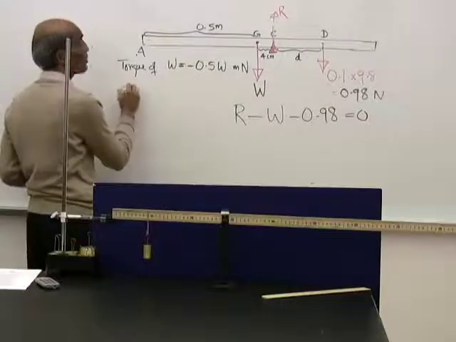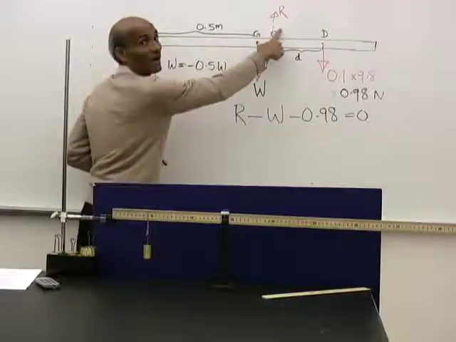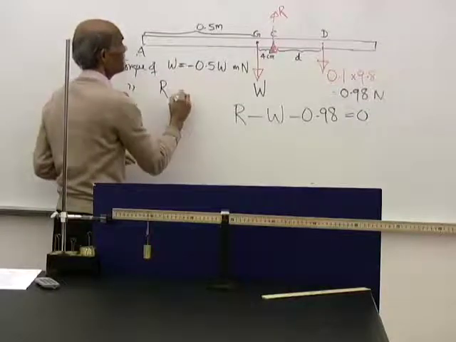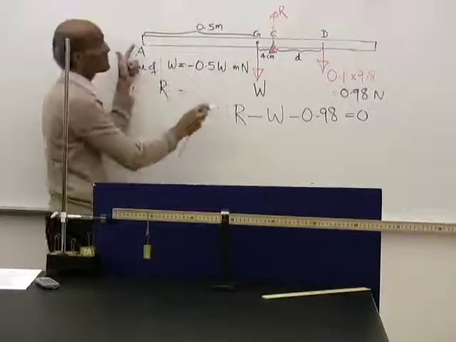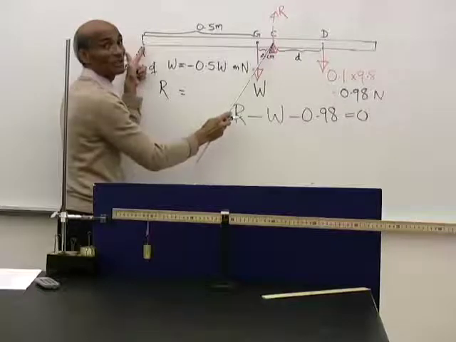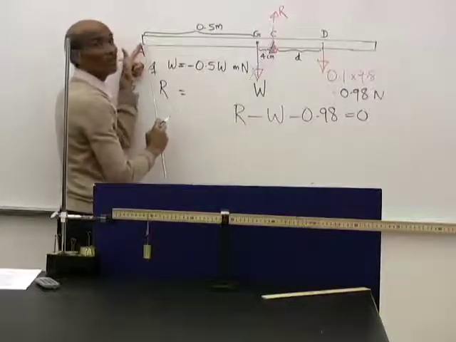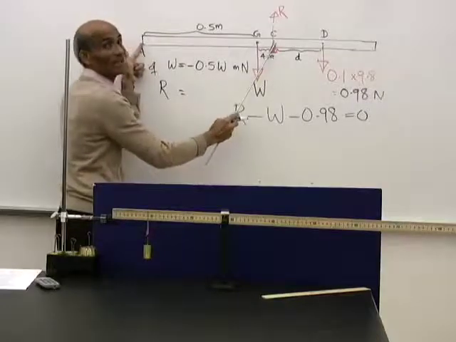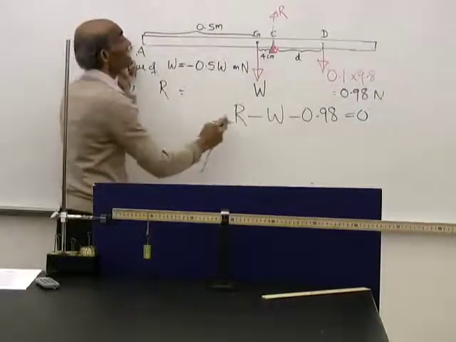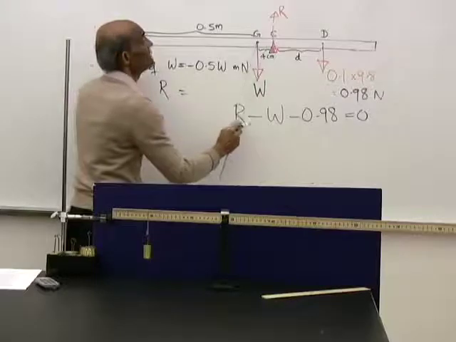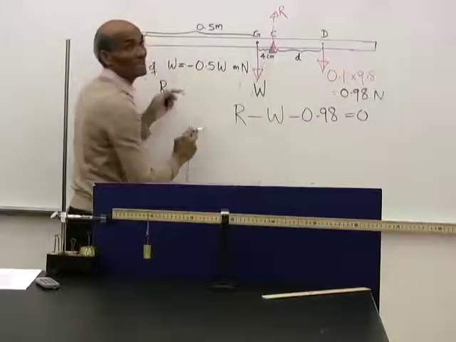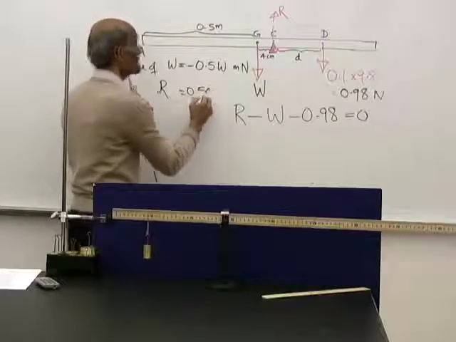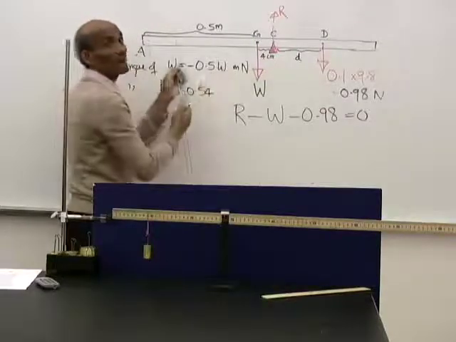Now what is the torque of R about the point A? The torque of R is equal to the distance of R times the force. R is acting through C. The distance AC is 50 centimeter plus 4 centimeter, that is 0.54 meter, multiplied by the force.